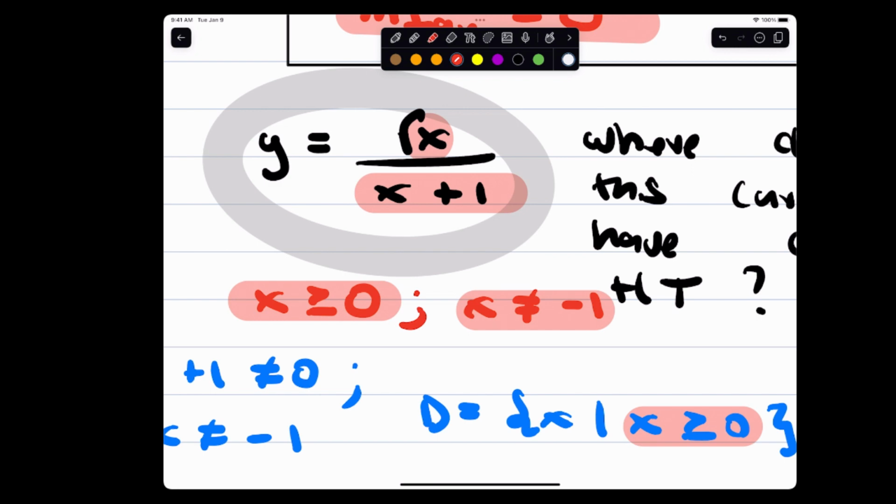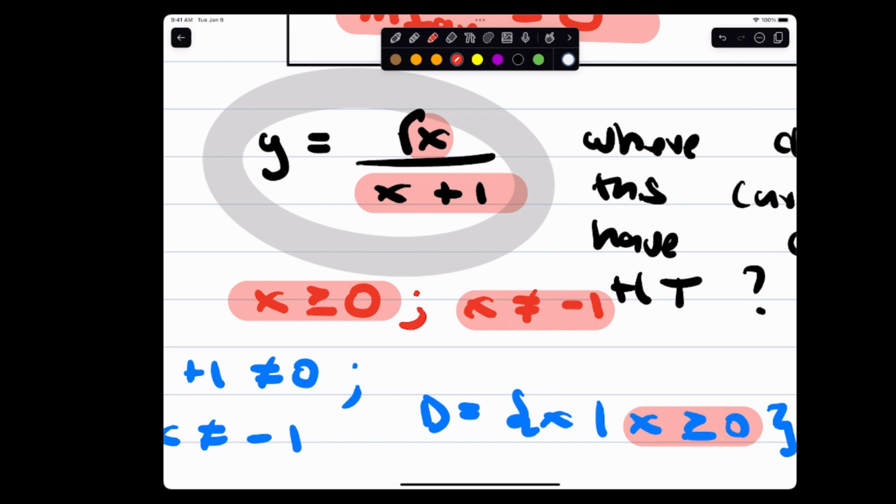Because if x is defined only for positive numbers or 0, negative 1 is out already, so I don't have to worry about that part. You see my point? You say, what about that negative 1? Well, it's not positive and it's not 0. It's gone anyway.